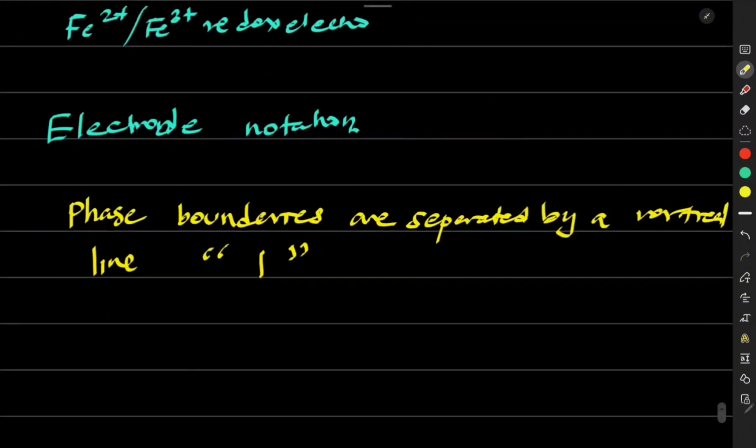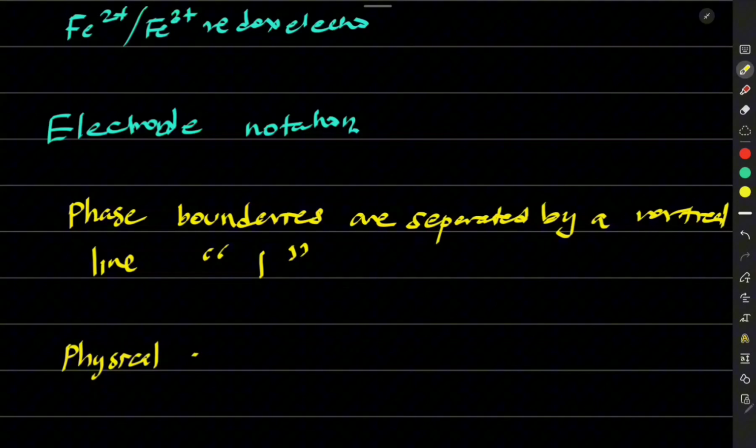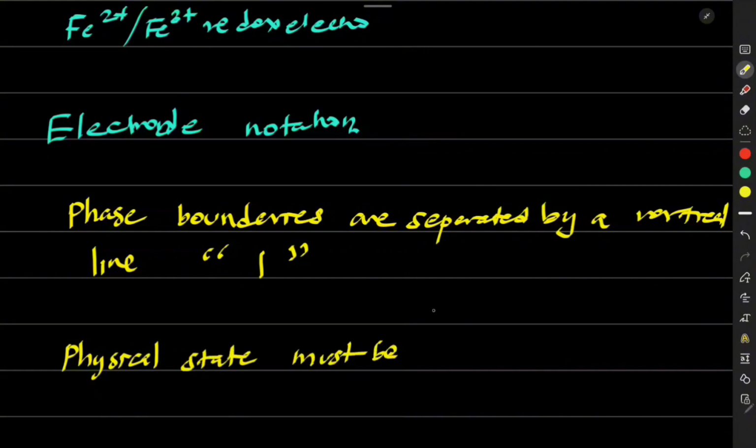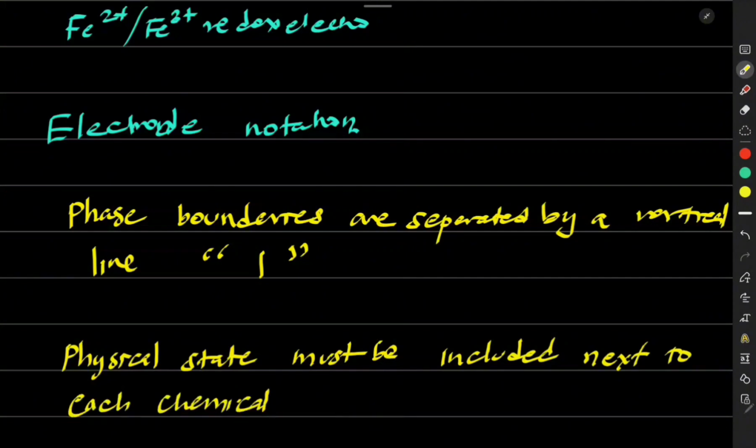And the second rule is physical states must be included next to each chemical species, if given.